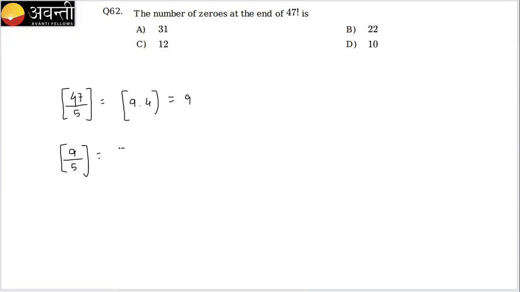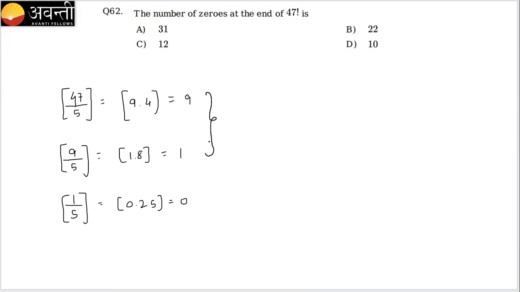Correct? I hope you know this. So 5 ones are 5, which gives the value 1. Now we cannot divide 1 by 5 because if we divide 1 by 5, we will get the step as 0. You can check, 1 by 5 is 0.2, whose step is equal to 0, and again we'll get 0 only. So what is my answer?